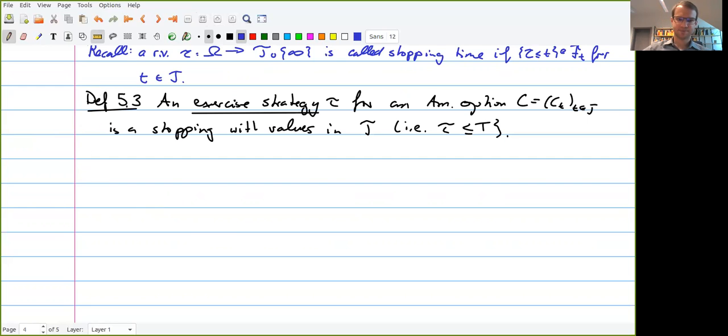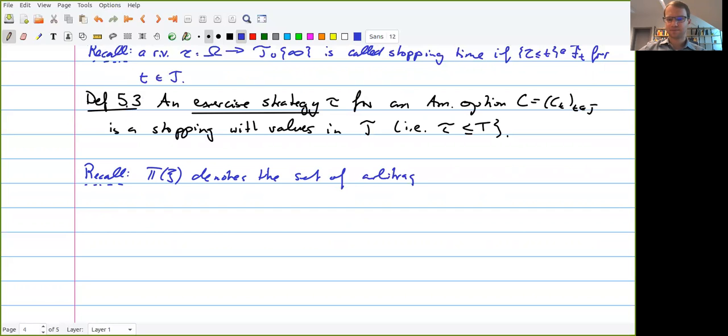So again, if I have a European option, this capital pi of psi, it's the set of arbitrage-free prices of the European option.